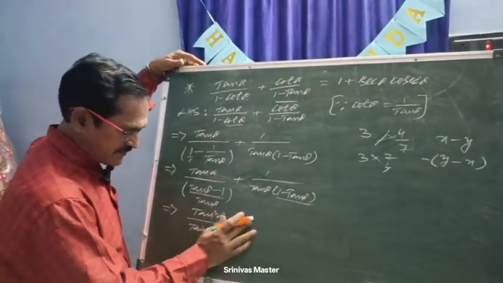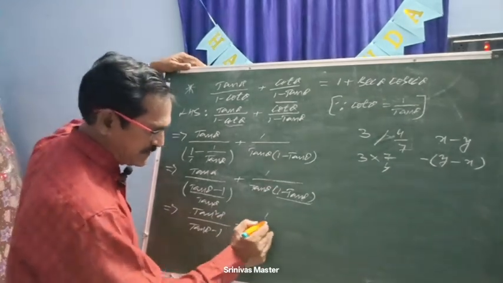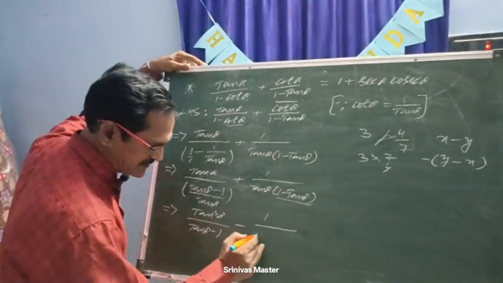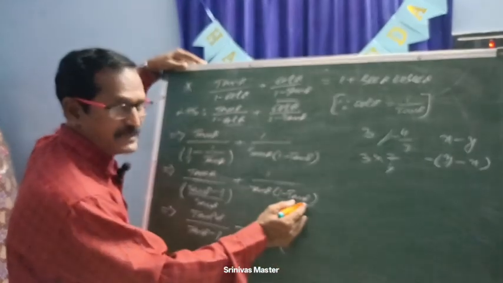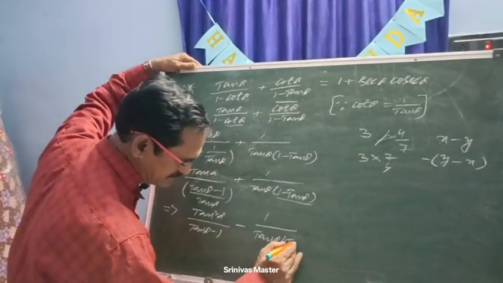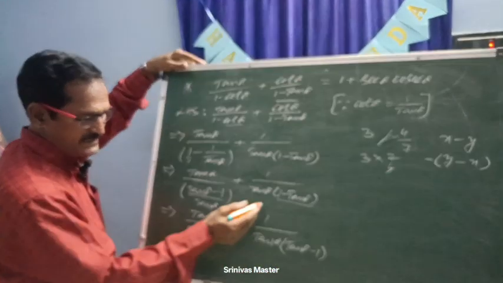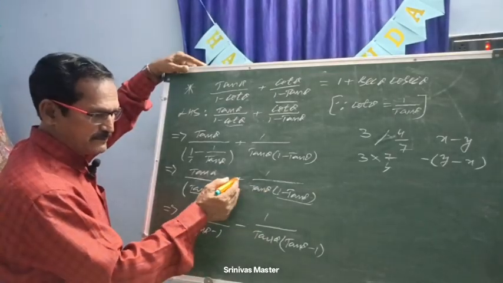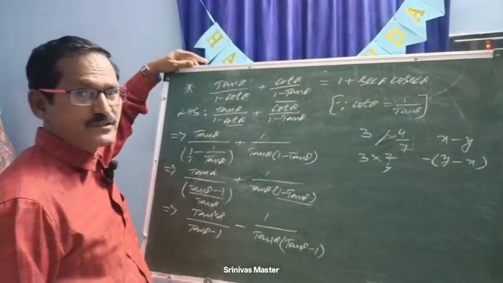Next I am not changing: minus by tan theta, tan theta into, in the place of 1 minus tan theta, what to write? Tan theta minus 1. Then only it becomes minus. Here minus common factor means minus into plus by minus means minus. Plus into minus, minus. Plus by minus is also minus.